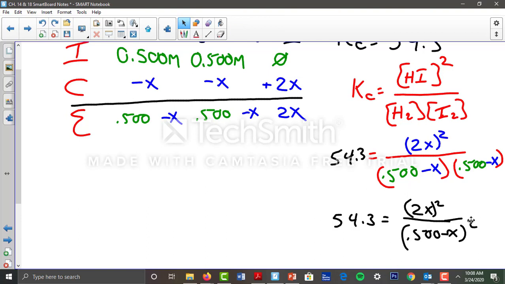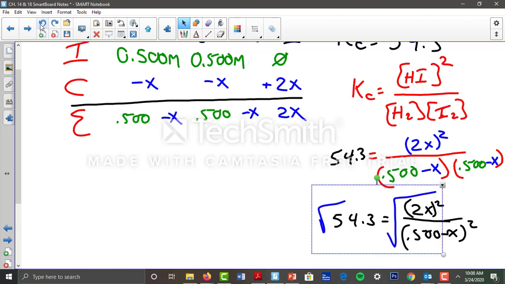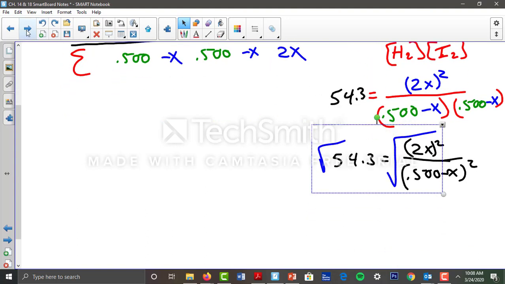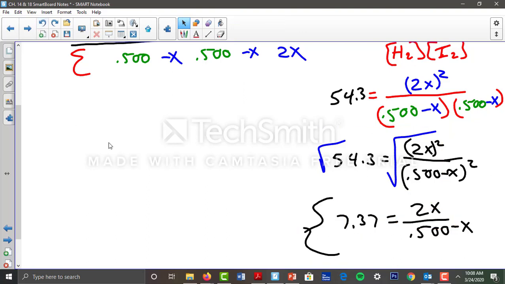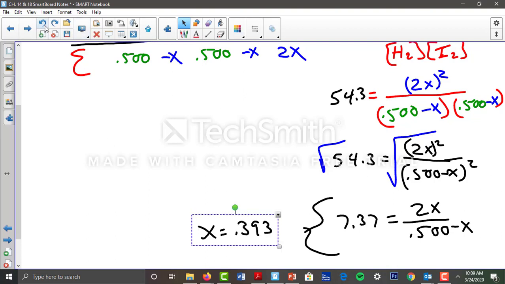So to get rid of these squared values over on the right side, we can take the square root of both sides. Taking the square root of both sides, we get the square root of 54.3 equals 2x over 0.500 minus x. Solving for x, we get 0.393.